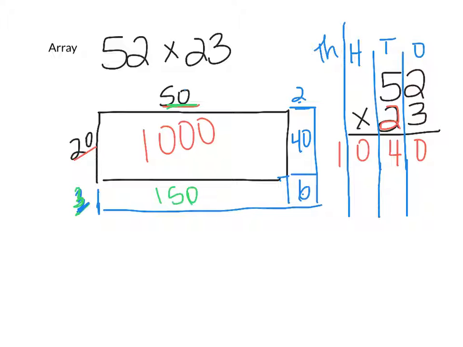And if I want to write that down on my written record, I have 3 times 52. 3 times 52 is the 150 plus the 6, so 156. That gives me 1,196.